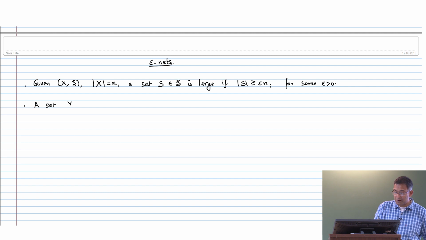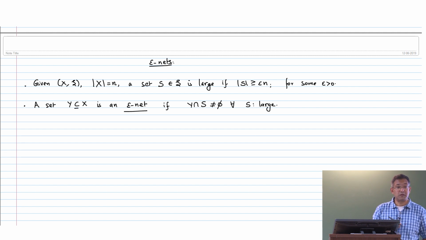A set Y, a subset of X, is an epsilon net if Y intersection S is non-empty for every S that is large. So I don't want a hitting set for the set system.